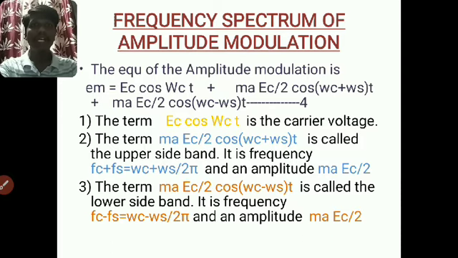In the case of modulation, there are two sideband frequencies. The first is the upper sideband, which we define as the USB, and the second is the lower sideband, which we define as the LSB.